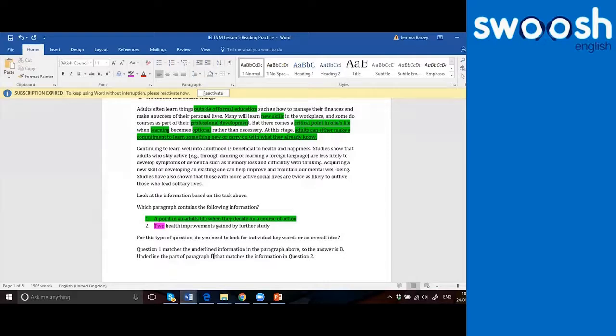Dementia and memory loss. Yeah, that's the same thing. And difficulty thinking, maybe rest. How to say it another way? Okay, that's all linked to dementia because it's giving an example: symptoms of dementia, such as memory loss and difficulty with thinking.